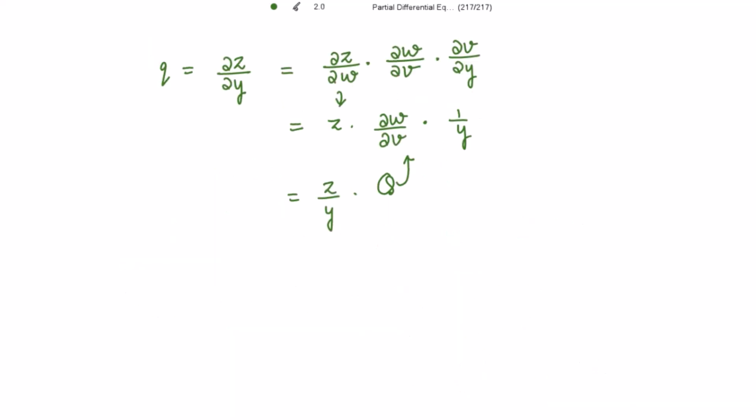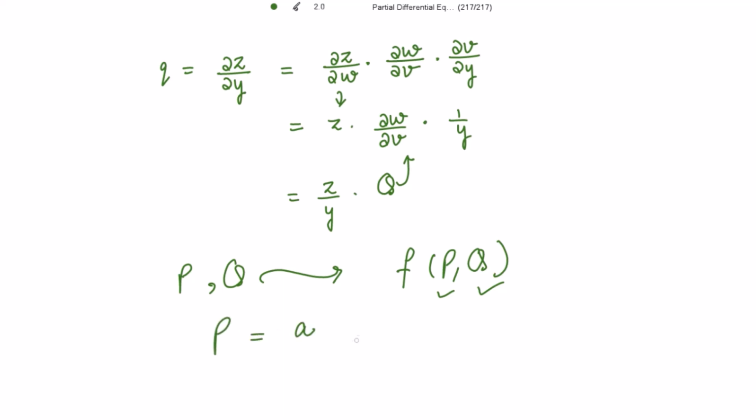After getting our capital P and capital Q, our original equation will be changed into a function of capital P and Q. The equation takes the format in capital P and Q. And then again we consider capital P to be equal to a constant A, and from here we get the value of Q in terms of A. Then instead of using dz equal to P dx plus Q dy, we don't need to take this.